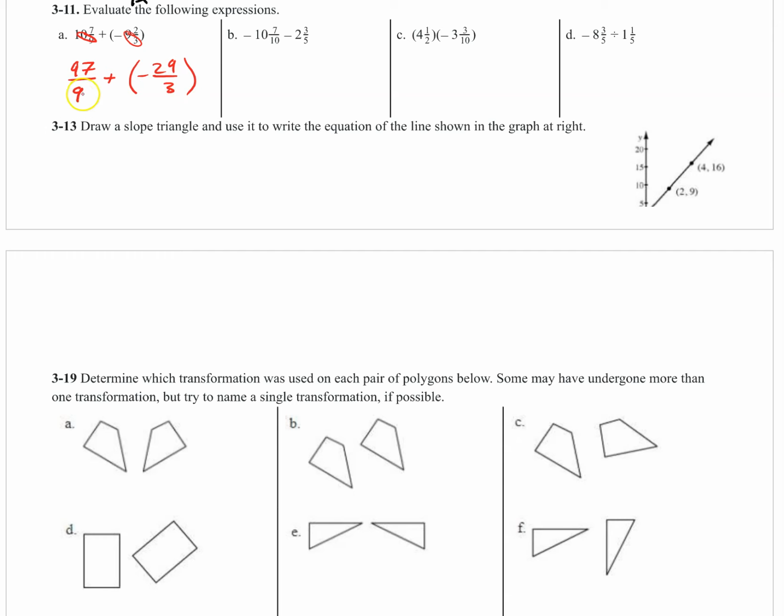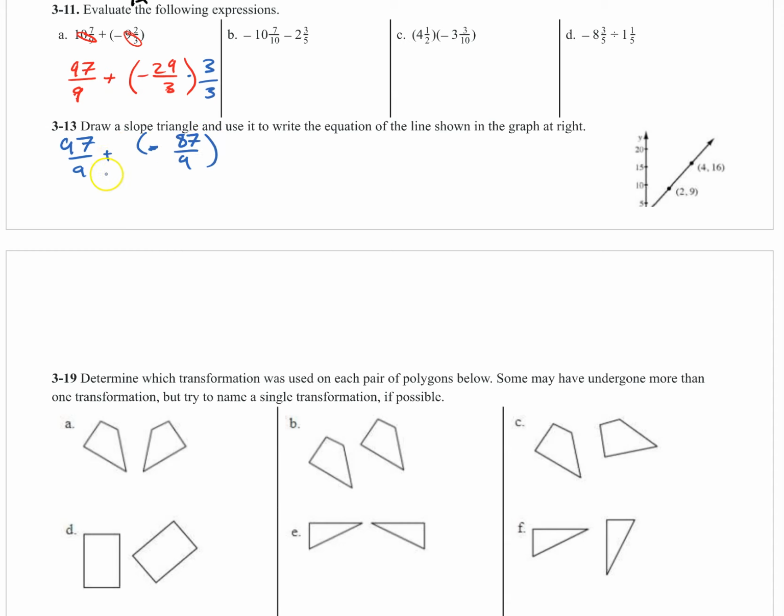Now since we're adding fractions, they need to have common denominators. This has a denominator 9. This has a denominator of 3. So what we need to do is multiply the fraction on the right by 3 over 3. Okay, so what are we going to get? We're going to get 97 over 9 plus 29 times 3. That's going to be, use your calculator, 87 over 9.